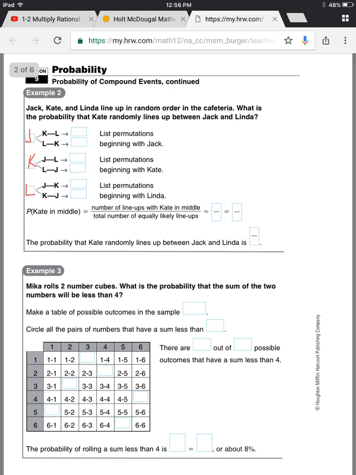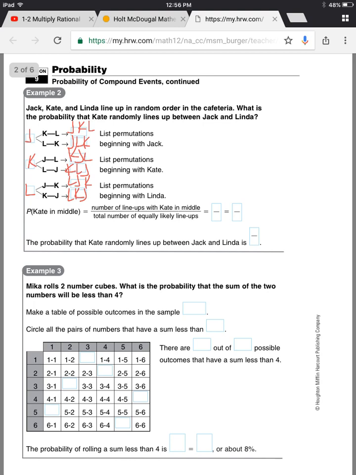So it could be JKL or JLK. If Kate lines up first, it could be Kate, Jack, Linda, or Kate, Linda, Jack. And if Linda lines up first, it could be Linda, Jack, Kate, or Linda, Kate, Jack.